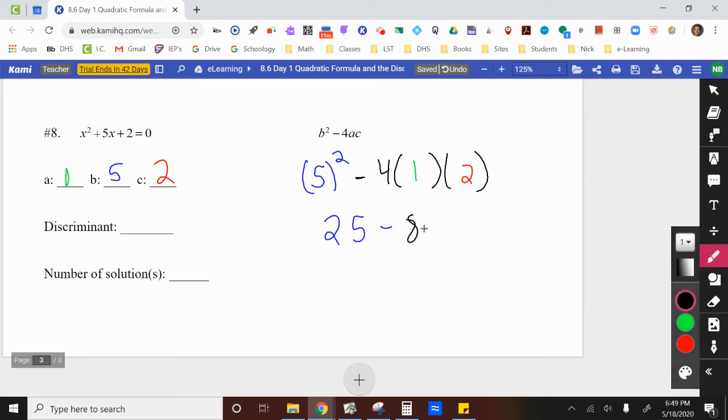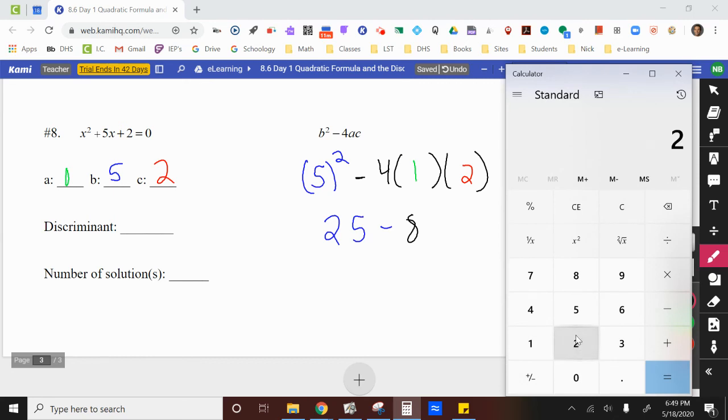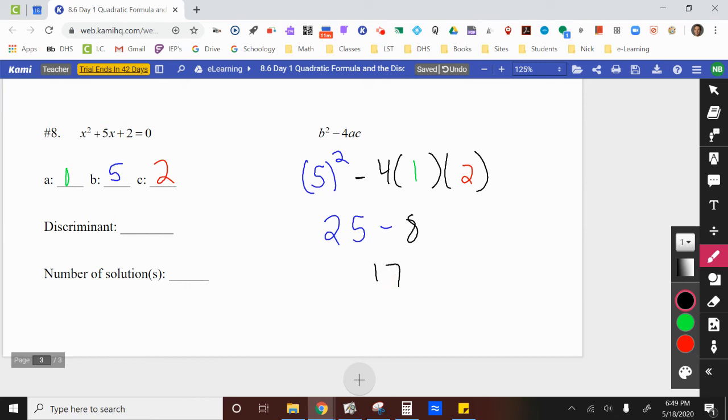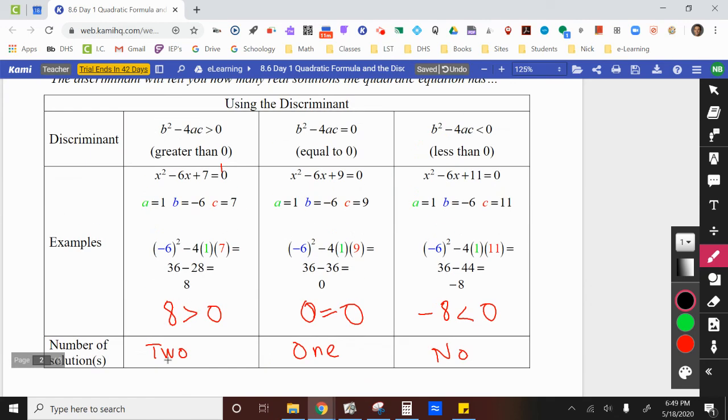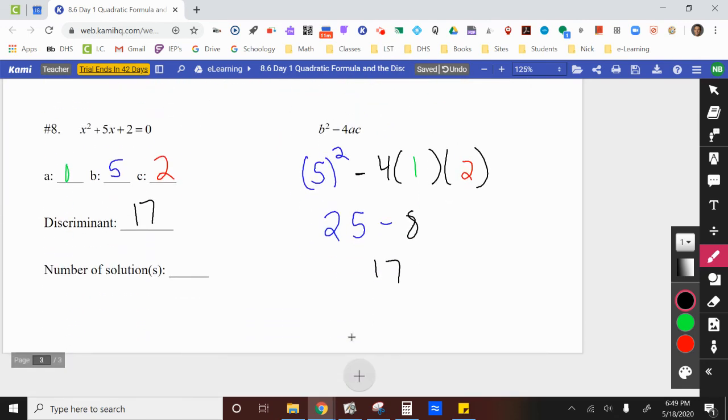So now I have 25 minus 8, and that gives me 17. That means my discriminant is 17, and because 17 is greater than 0, that means I have 2 solutions.